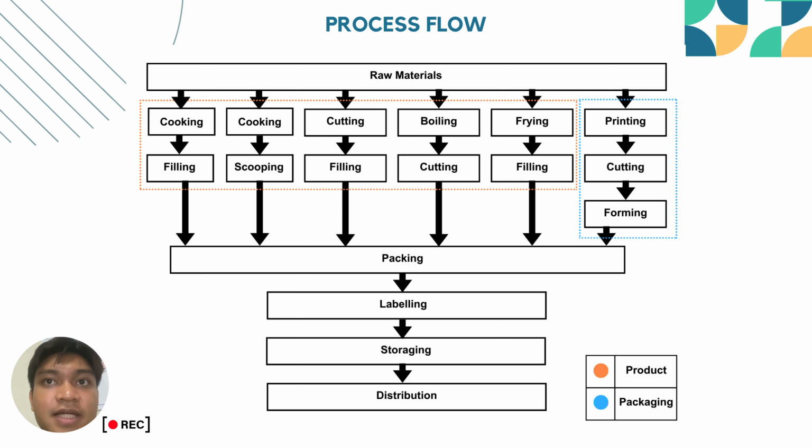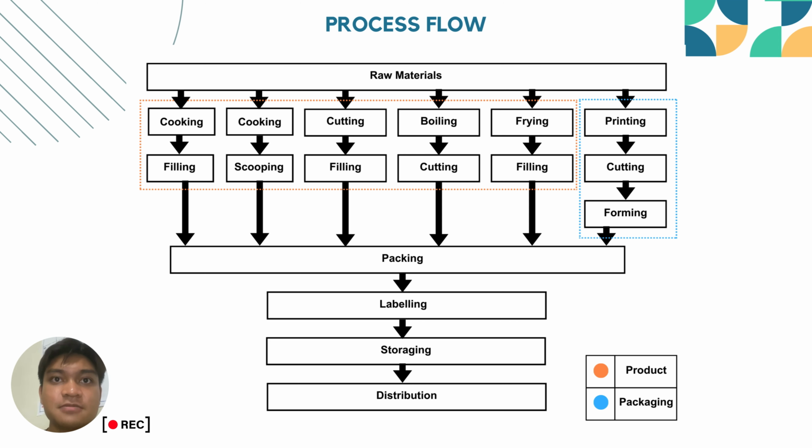It will be cut into the desired product size, and after that we go to the forming, one of the important steps after we cut the paper, since we want to make it into a rectangle or pyramid shape, so it can reduce the labor job, where they would have to form it before they pack all the things into the package.